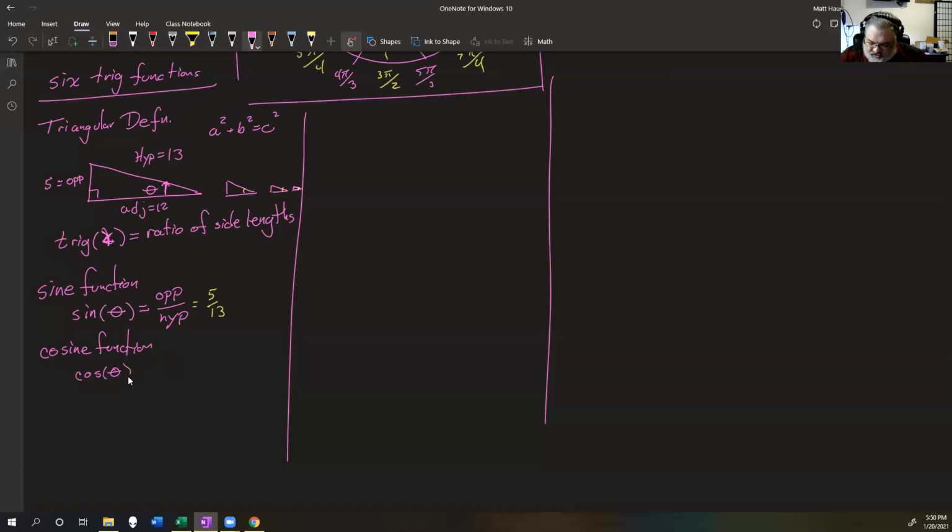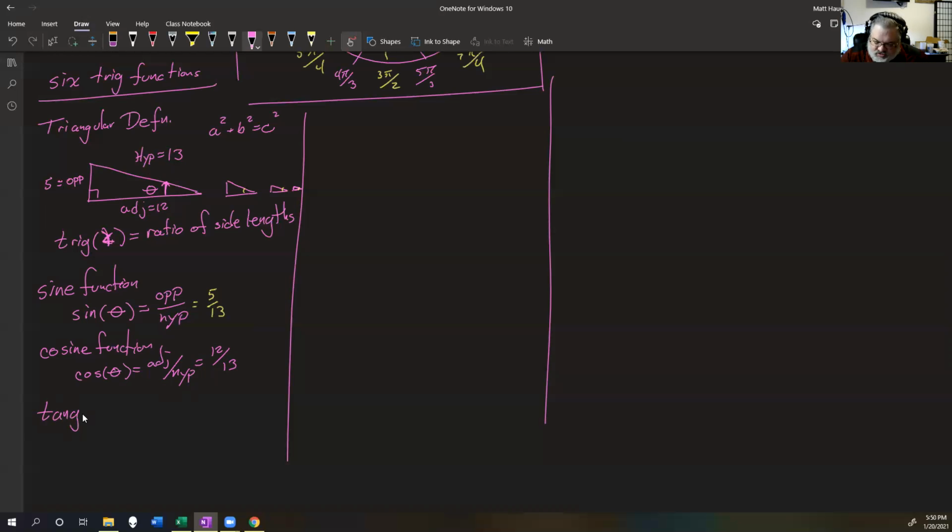The cosine function, its job is to give us the ratio between the adjacent side and the hypotenuse. In this case, that would be 12/13. Okay, well, that's these two and those two. So the opposite and hypotenuse and the adjacent and hypotenuse, they have relations.